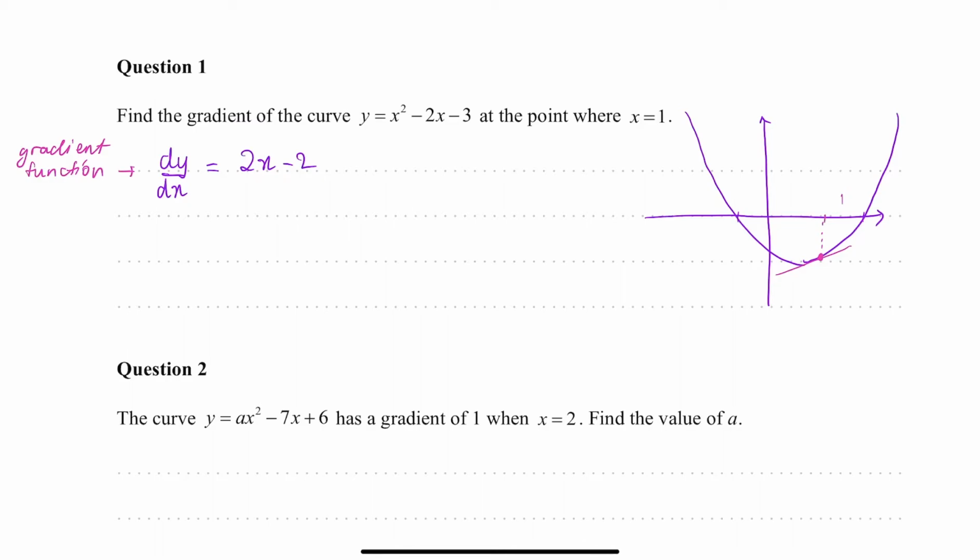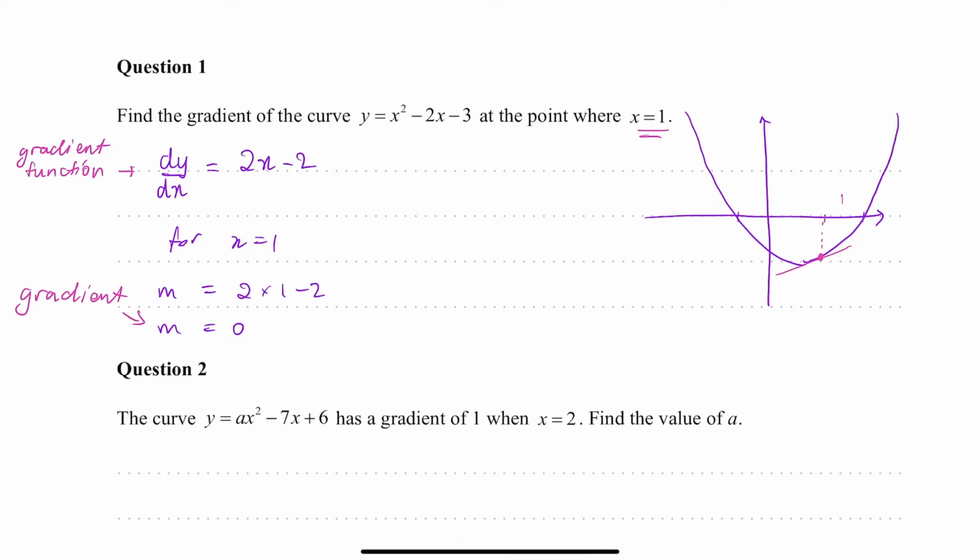It's a function because it requires an input. Okay, and for us, our input is x equals 1. So we can say for x equals 1, m equals 2 times 1 minus 2. m equals 0. Okay, and then this is the gradient.